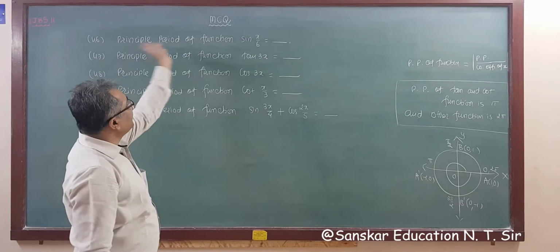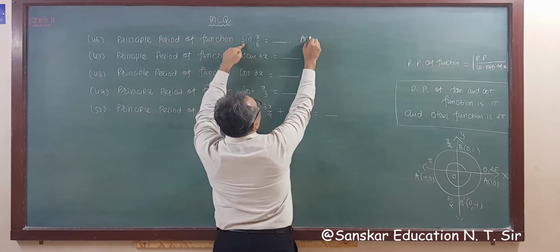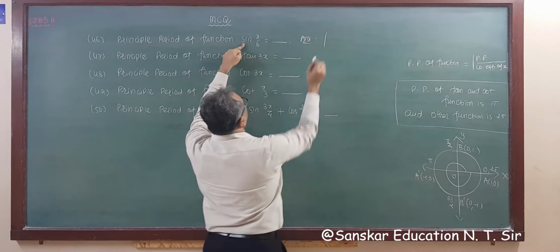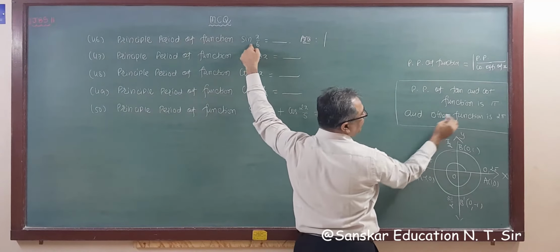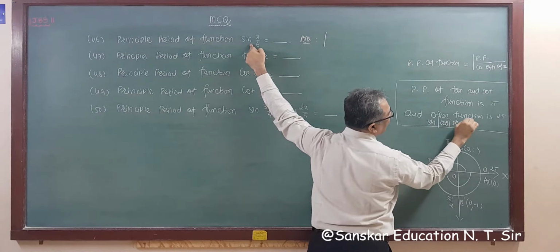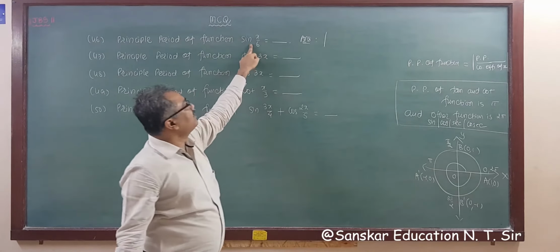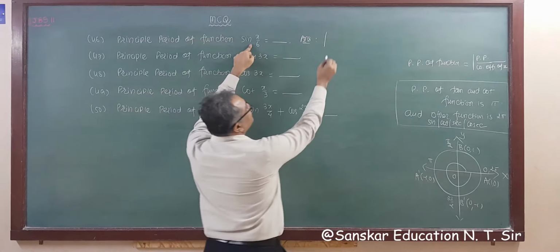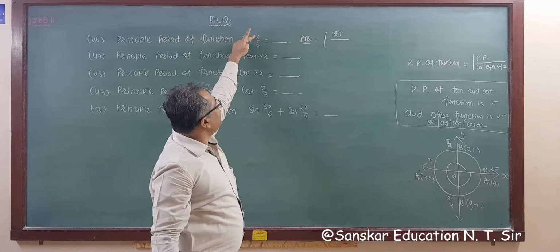So now it is given sin x by 6. What is our answer? The principal period of sine is 2 pi, because these functions, sine, cos, sec and cosec, are all given. So the sine function's principal period 2 pi whole upon the coefficient of x.